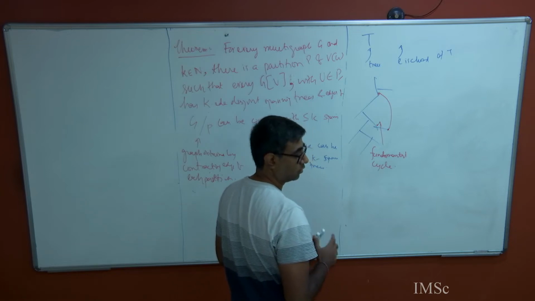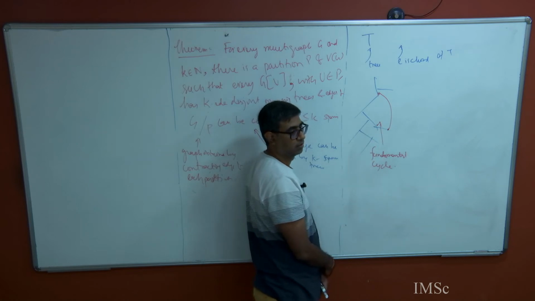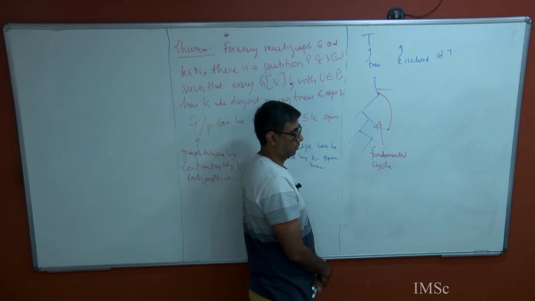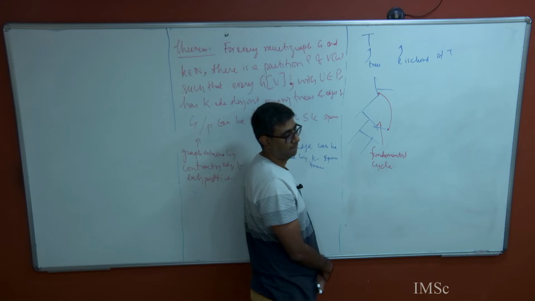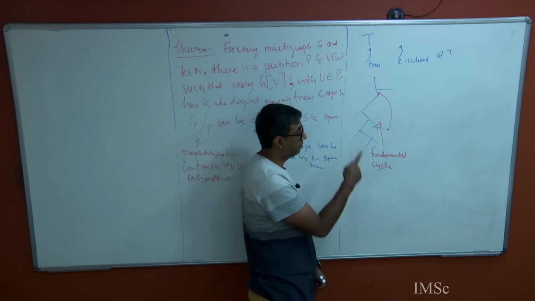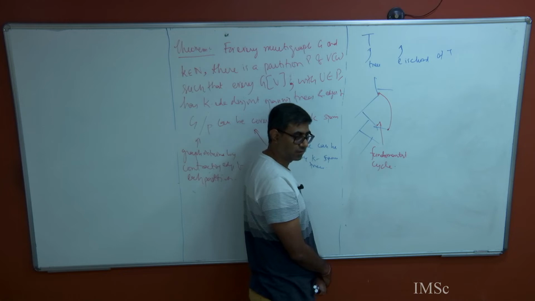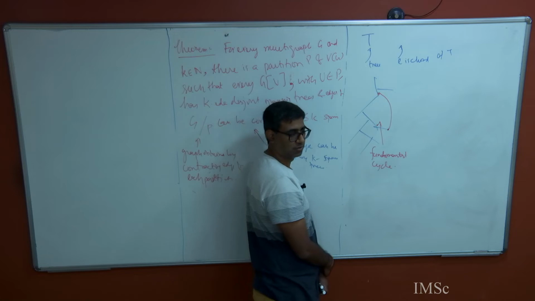Which kind of cycle will be non-fundamental? Okay, how many fundamental cycles are there given a spanning tree? If I fix a spanning tree, how many cycles are there? At most m minus n minus 1, which is like n squared at most, right?